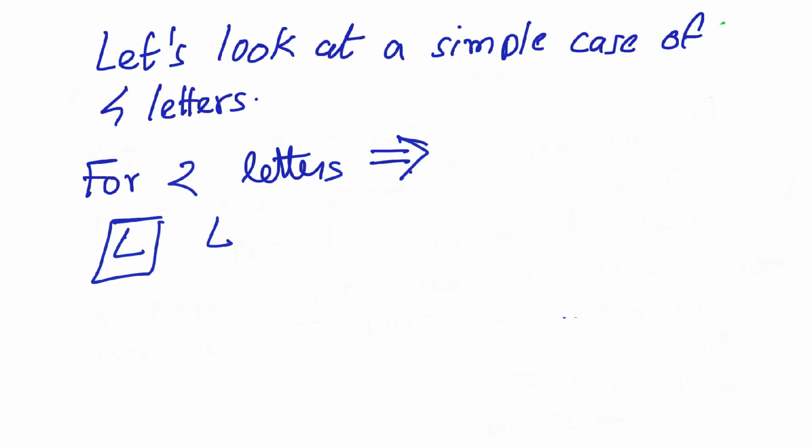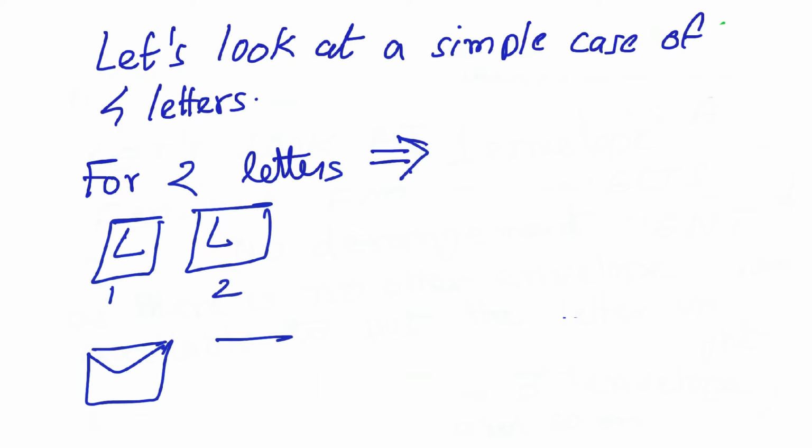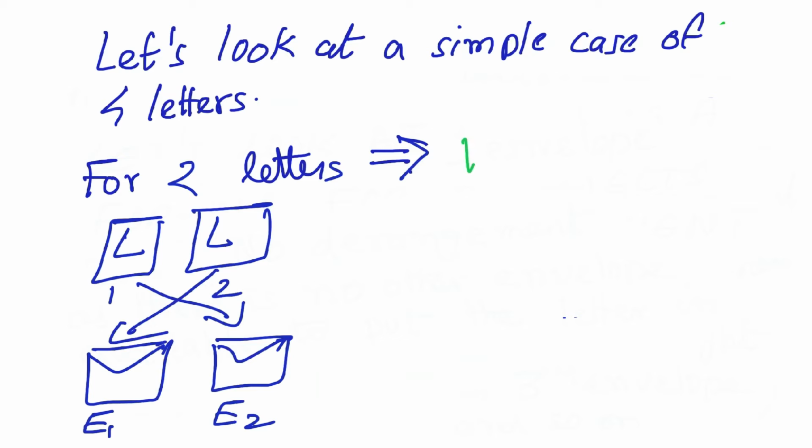What about 2 letters? That's letter 1, letter 2, and we have the related envelopes. We can easily see that the second letter can be placed in the first envelope, and the other way around, I mean, the first letter can be placed in the second envelope. So there's one way of doing it.